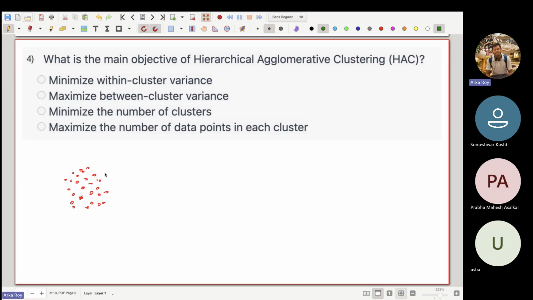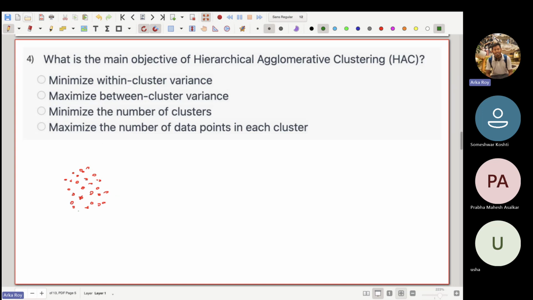So we started with the individual clusters, and then we tried to club them together. In this way, from individual clusters, you will get a global cluster. So how can you do this? You can check the distance between any two clusters or any two point pairs. In the case of HSC, the point pairs are nothing but the initial clusters.